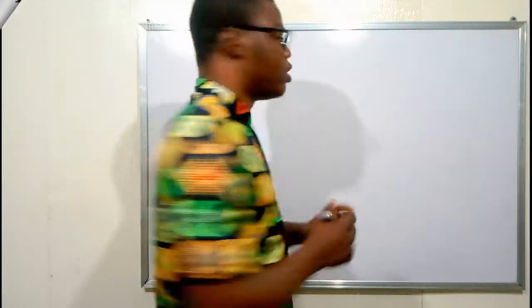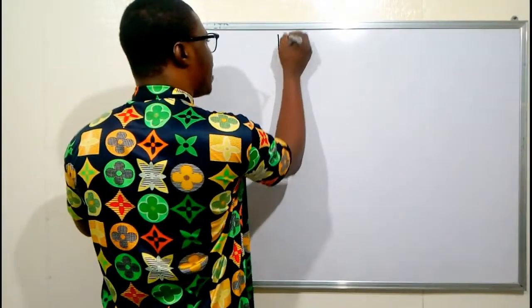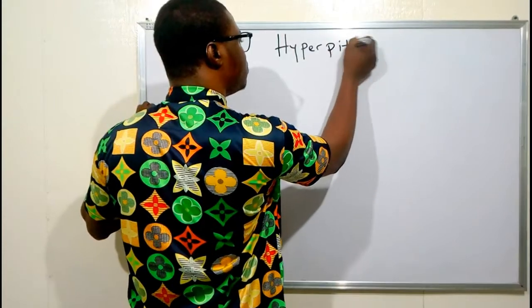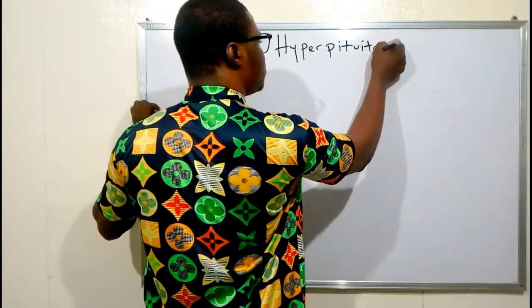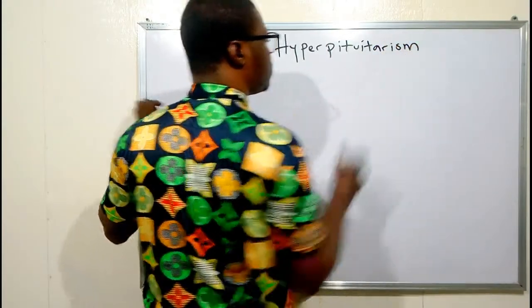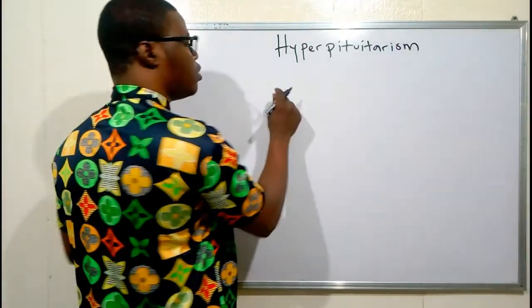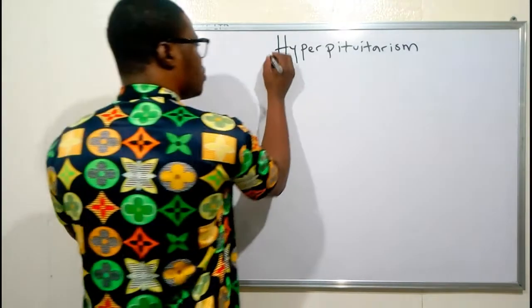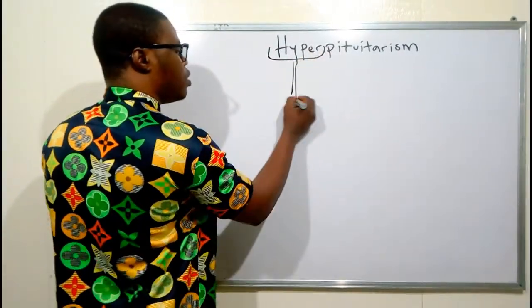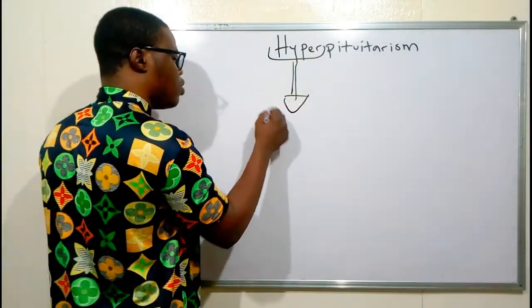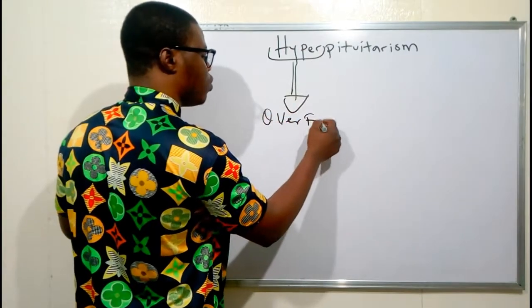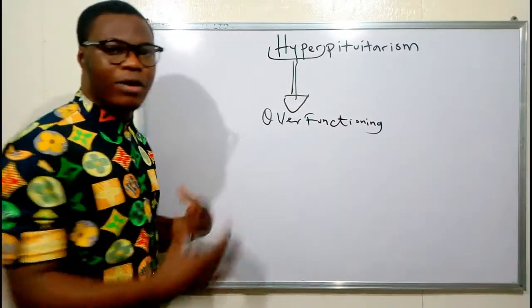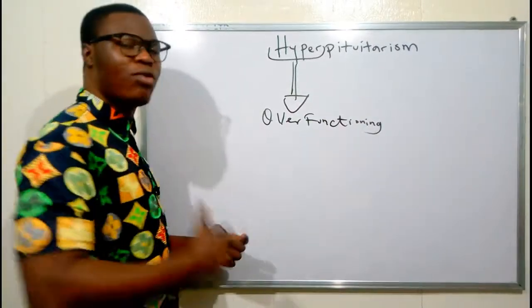Welcome back. So we decided we are going to be talking about hyperpituitarism. Now, the word hyperpituitarism is just from two words. The first one is hyper, which means overfunctioning, when something is performing more than its function.